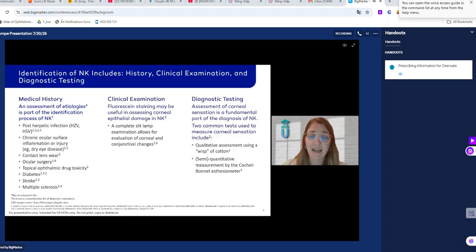To that, I'd like to highlight, though, that I think we can really have an opportunity to diagnose earlier, especially this stage 1 NK, in chronic ocular surface inflammation and diabetes. Why chronic ocular surface inflammation? Specifically, why dry eye? There are many mechanisms for why dry eye leads to NK, but to touch on one specifically, we know that acute inflammation is typically a good thing.